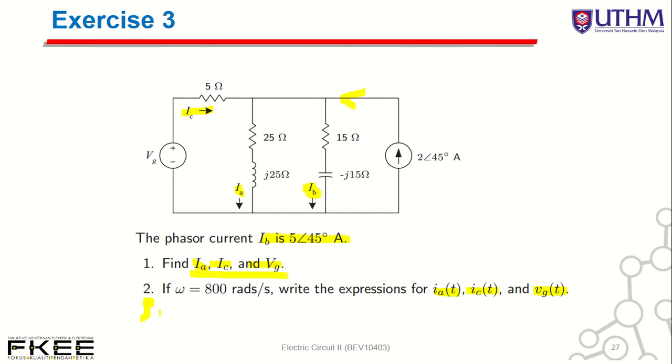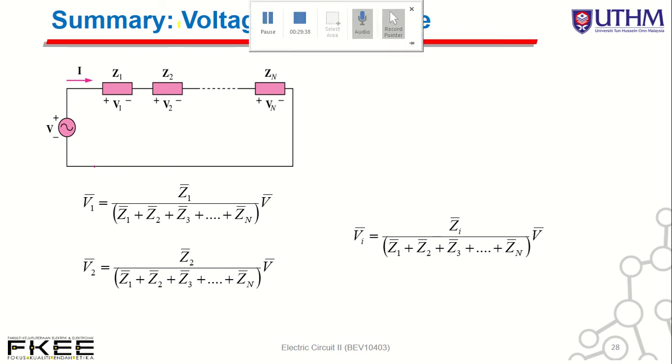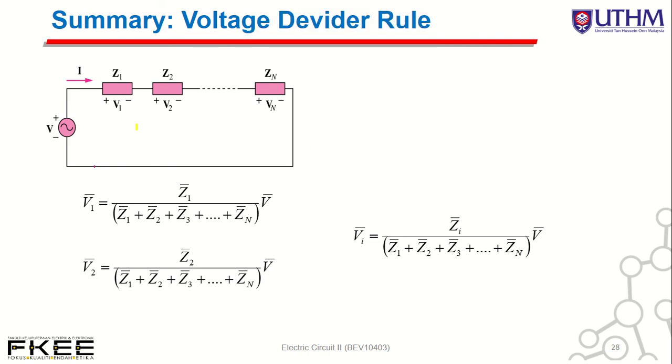Okay, so that's all for the current divider and voltage divider rules. This is the summary of our lecture. Summary, voltage divider rule. Let's say we have a series circuit, a voltage supply connected to Z1, Z2 in series. How to determine V1?